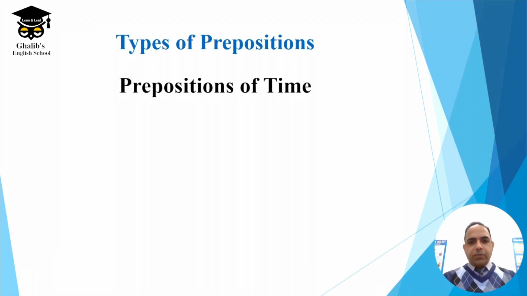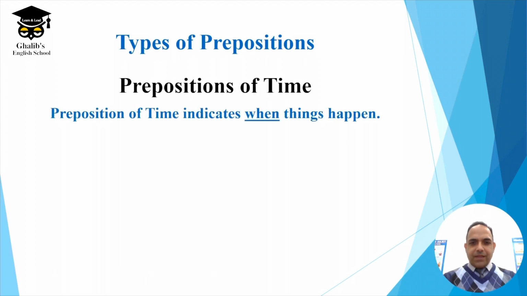The first type of preposition is prepositions of time. As it explains itself, it is something related to time. A preposition of time indicates when things happen. I'm going to show you some examples so you can better understand.